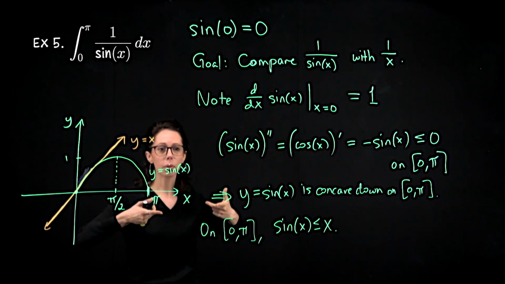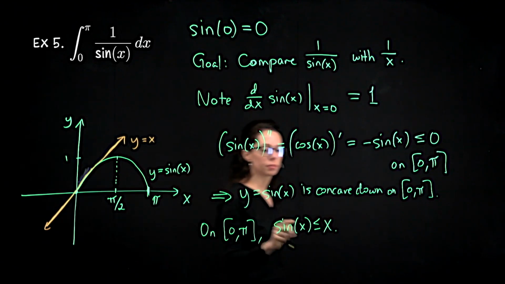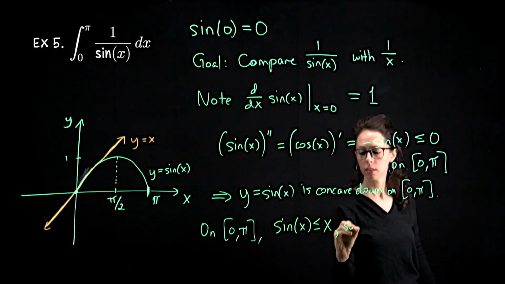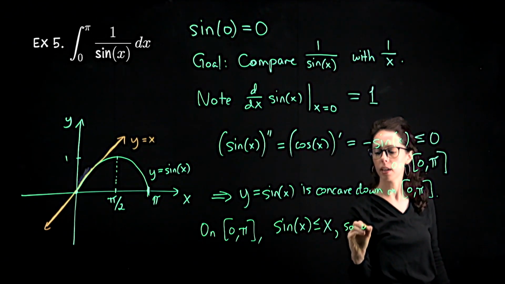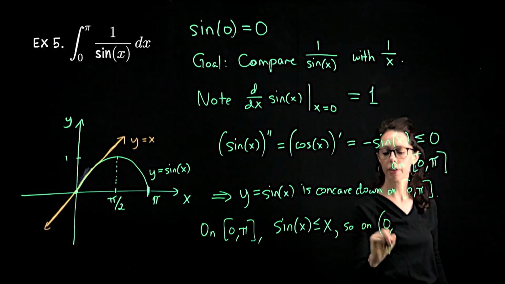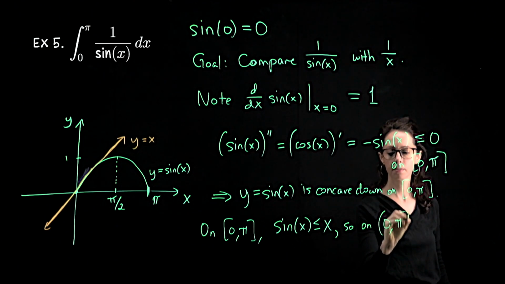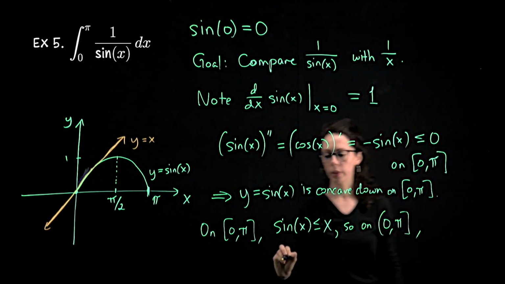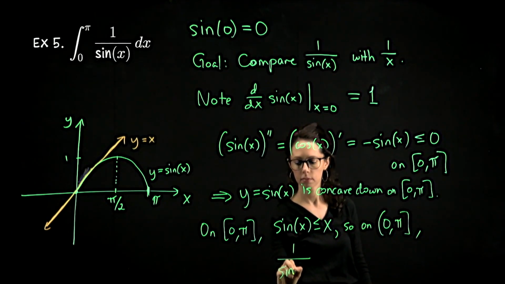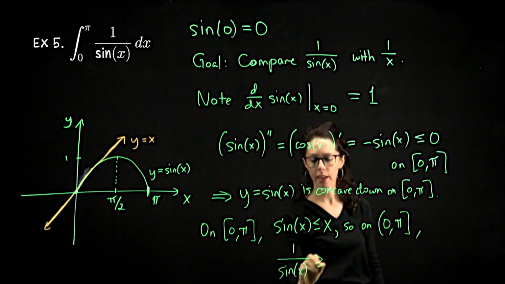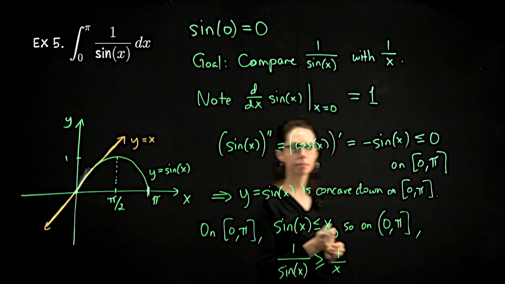Those are the denominators of the two functions that I would like to compare. So if I take their reciprocals, the inequality flips. Neither would be defined when x is 0. So let me say on the interval from 0, not including 0 through pi, we know that 1 over sine of x is greater than or equal to 1 over x.